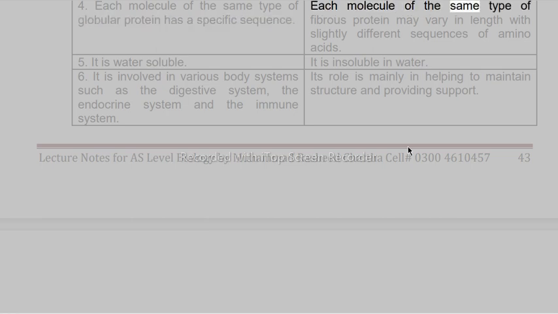Each molecule of the same type of fibrous protein may vary in length with slightly different sequences of amino acids. 5. It is water-soluble. It is insoluble in water. 6. It is involved in various body systems such as the digestive system, the endocrine system and the immune system. Its role is mainly in helping to maintain structure and providing support.